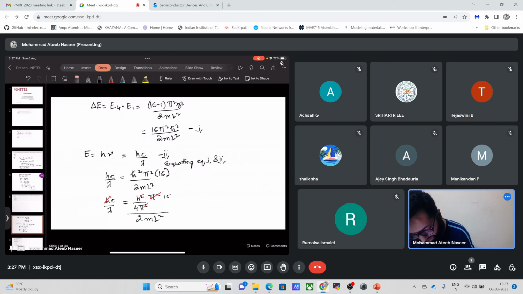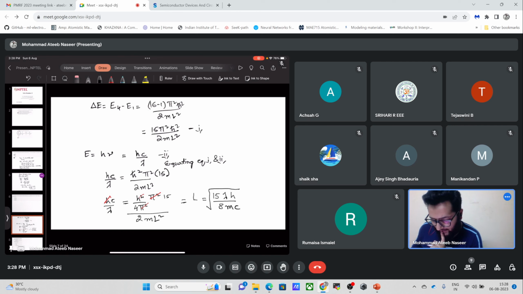So this will give us the value of L equal to 15 times lambda times h divided by 8mc, under root. Yes, this is the value of L.